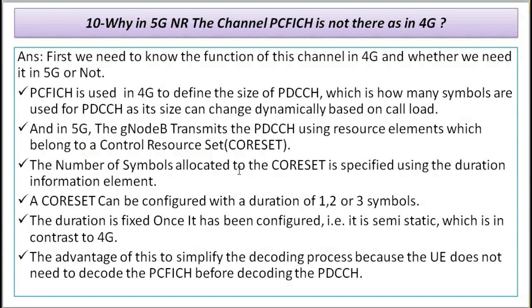The duration is fixed once it has been configured, that is, it is semi-static, in contrast to 4G. The advantage of this is to simplify the decoding process, because the UE does not need to decode the PCFICH before decoding the PDCCH. Okay, that's all. Thank you.